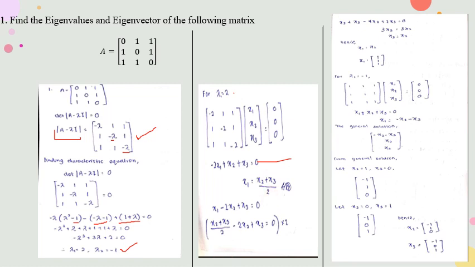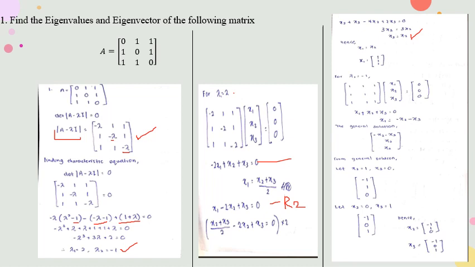After that, I'm taking the equation based on row 2 and substituting the value of x1, and after that I find this equation where x3 equals x2.